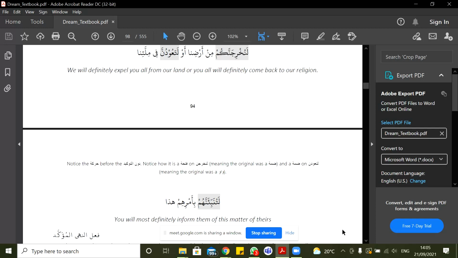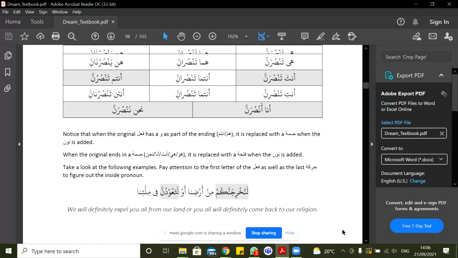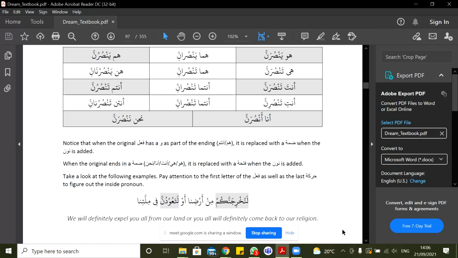And we have nakhrijannakum because of what we studied: when huwa, hiya, when they have a dhamma ending, if we connect it with the shadda, it will give the waw sound, which we cannot have here because there is no waw. So can you go back to the chart a minute? Yes, please. So antum tansuruna. It used to be antum tansuruna.